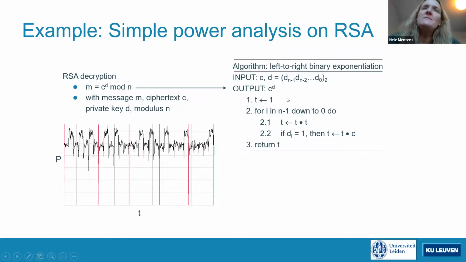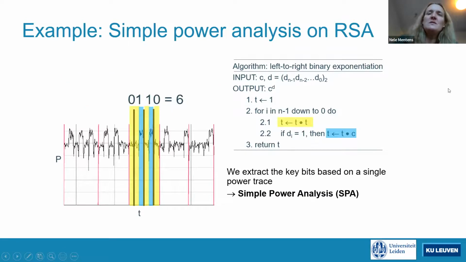Because d, the private key, is a binary number, to compute C to the power d, for every bit of d we do a squaring, and only if the bit of d is 1, we also do a modular multiplication. You can test this out with an example, and you can see that it works. So if d_i is 1, then we do a modular multiplication. If d_i is 0, we only do the modular squaring, which we always do.